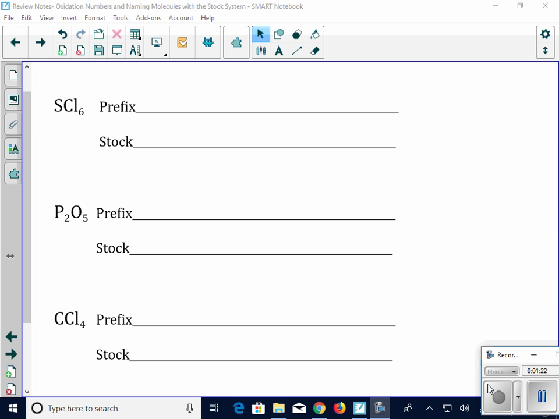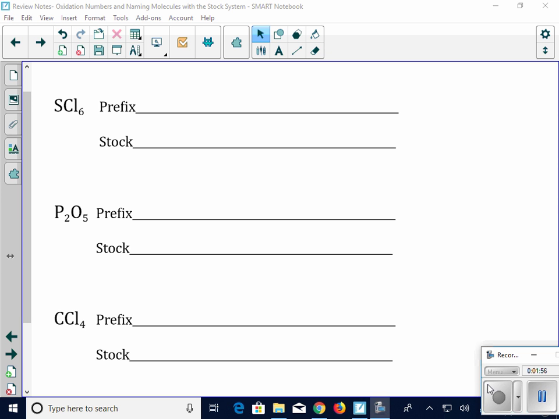It's because it relates somewhat to the stock system we were using with metals, where we had the Roman numerals. I can assure you, when you take your test, there's going to be stuff just like this, where you're going to have to name it the prefix way, then name it the stock system way. So you're going to have to name it both ways on the test.